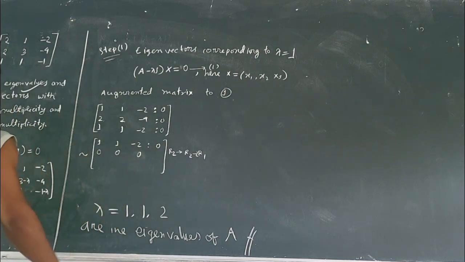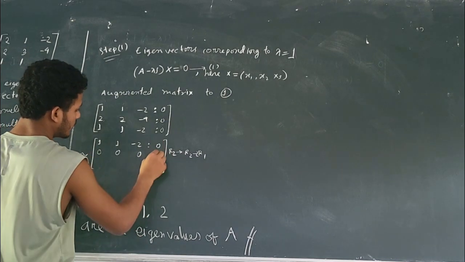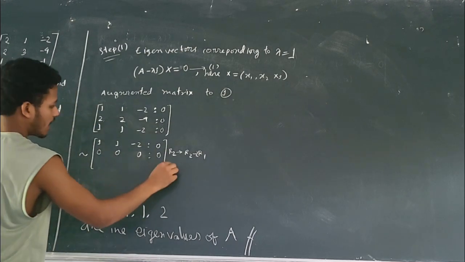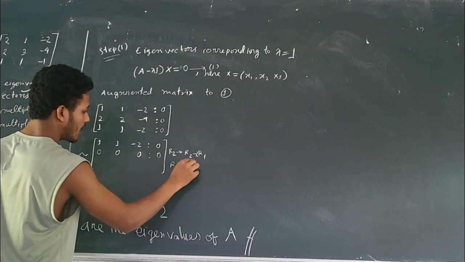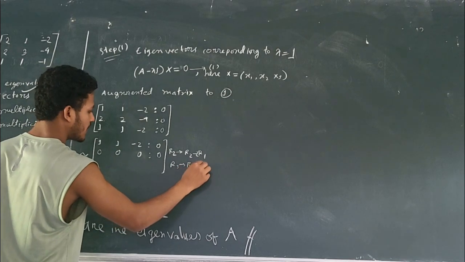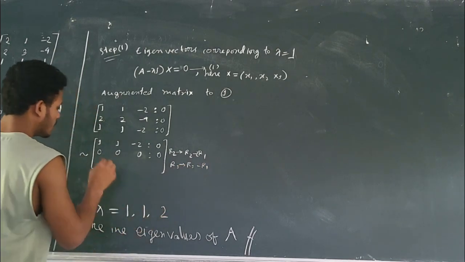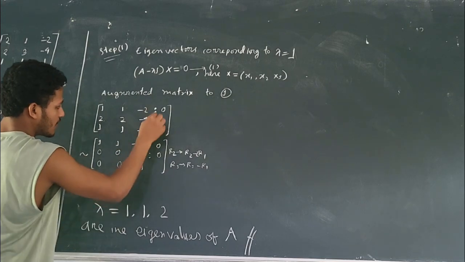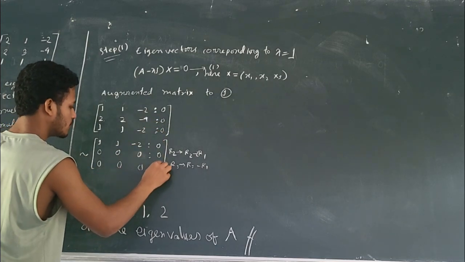Okay, and R3 tends to R3 minus R1. So it will be 0, 0, 0. These two are the same, so it will be 0.